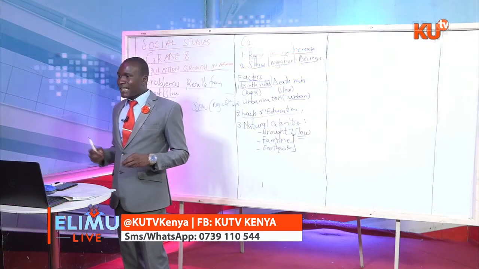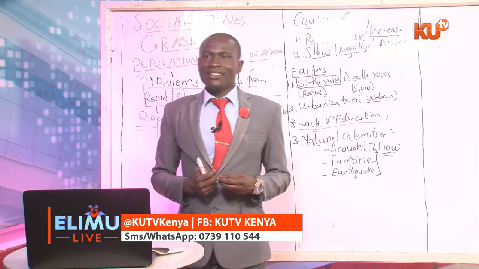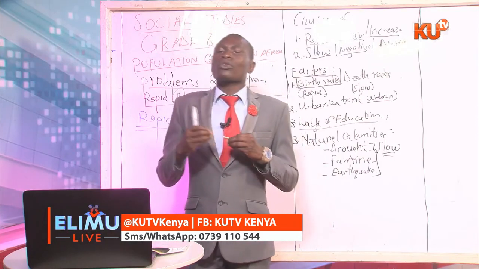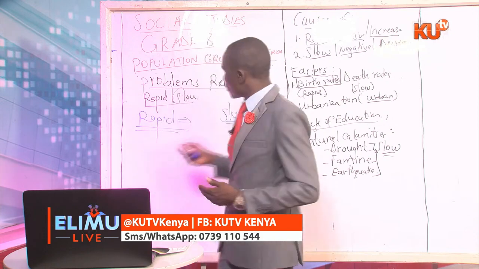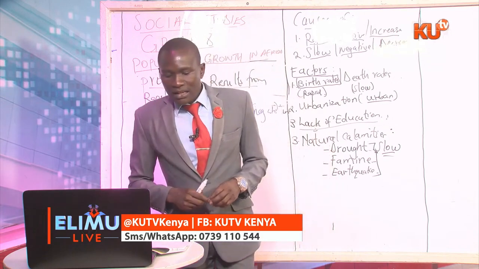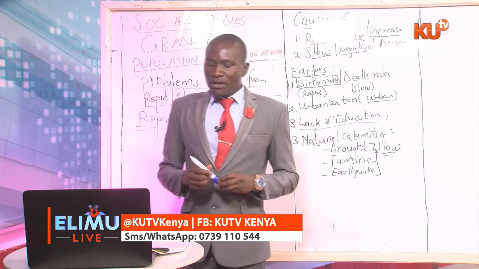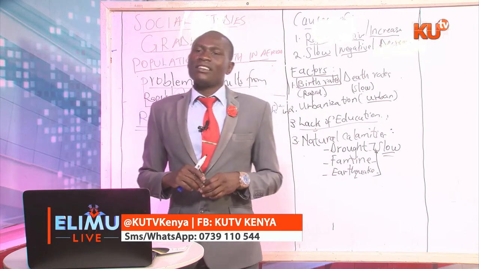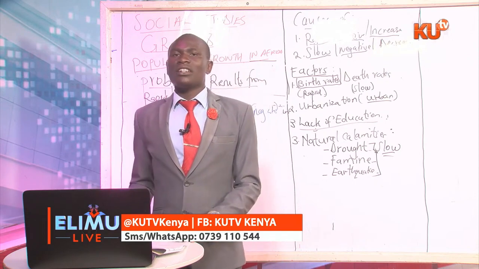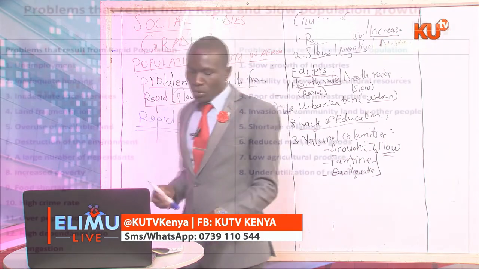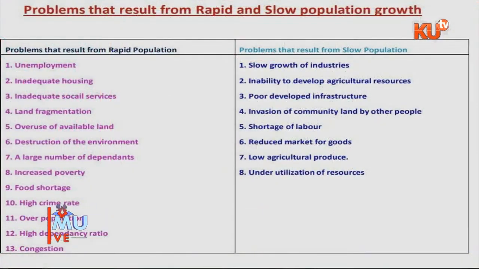Then also a reduced market. The goods that we produce from the industries, who will buy them? Nobody, because the population is very low. And then we also have poorly developed infrastructure. The infrastructure is going to be very poor because the population is very low compared to rapid population growth.